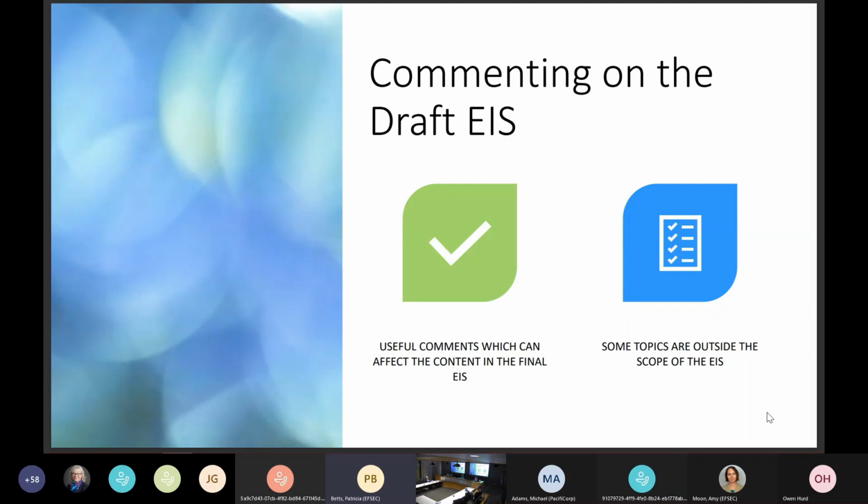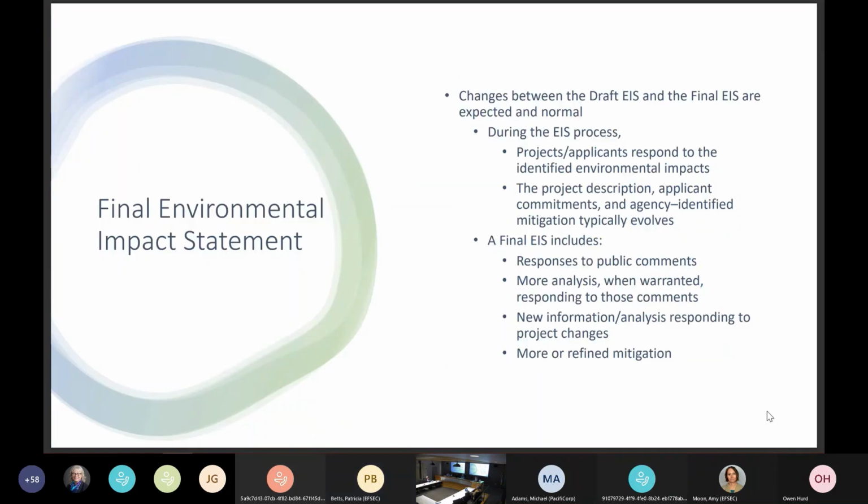And to the last slide, on the final environmental impact statement. As I mentioned above, there will be a final environmental impact statement, and there are changes that occur between the draft EIS and the final EIS. Those are expected and normal. For example, during the EIS process, projects or applicants respond to the identified environmental impacts.